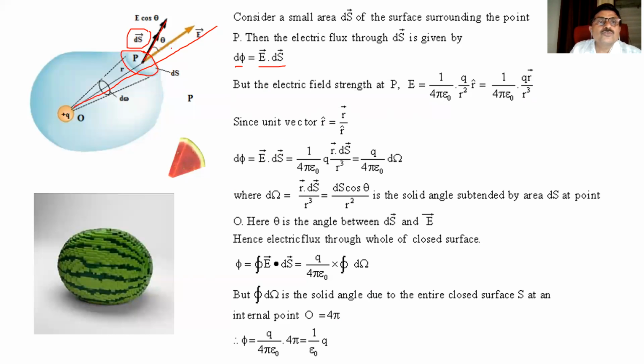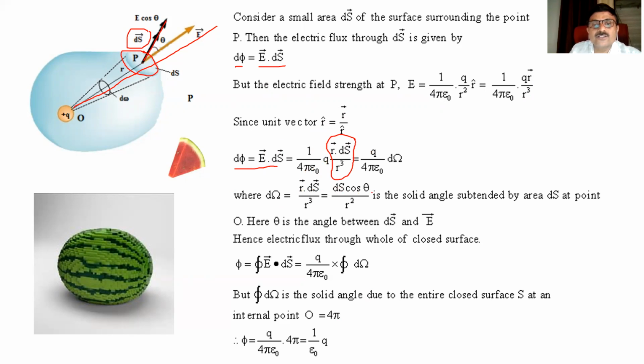So the flux through the small area element ds is given as, put the value of E here, 1 upon 4 pi epsilon 0 q into this vector r divided by r cube, and with this dot vector ds. So this is nothing but q divided by 4 pi epsilon 0, times this quantity, vector r dot ds divided by r cube, or you can call it ds cos theta, because the magnitude of this unit vector is 1.